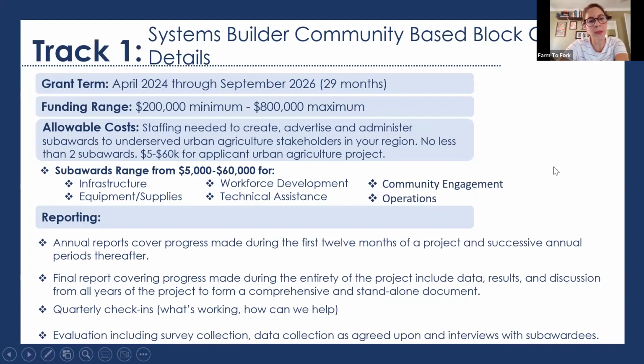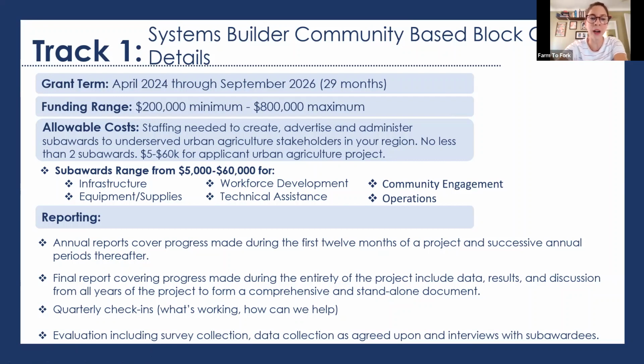And the funding range is between $200,000 to $800,000. The allowable costs are going to include the staffing needed to create, advertise, and administer sub-awards to underserved urban ag stakeholders in their region, and also organizations will be allowed to spend between $5,000 to $60,000 of the funding on their internal urban ag projects.